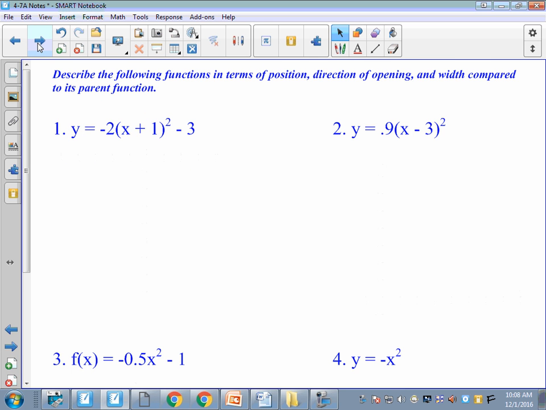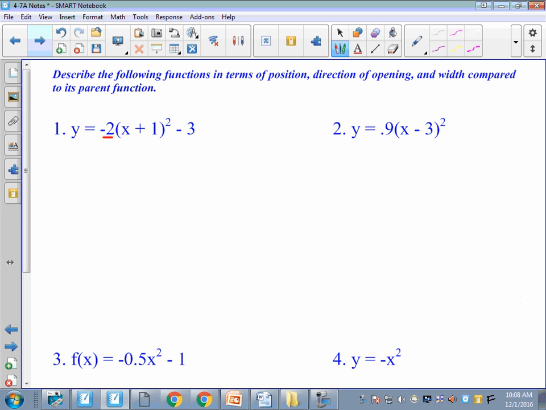So let's look at these problems here. We're going to describe the following functions in terms of position, direction of opening, and width compared to its parent. So in number 1, it's a lot of writing. We're going to use our mathematical terms. So let's talk about this -2. That -2 is going to stretch the graph vertically.